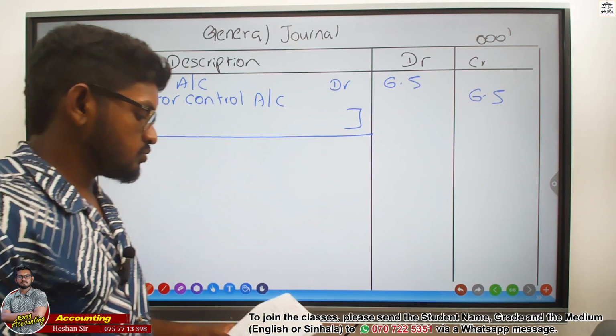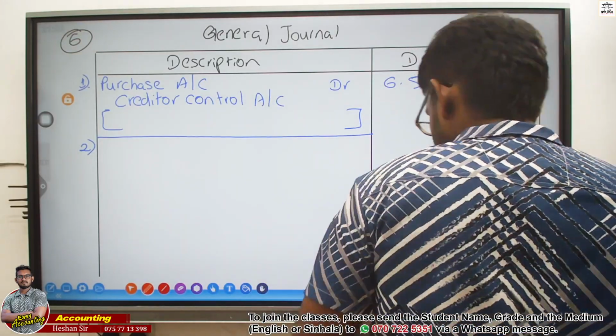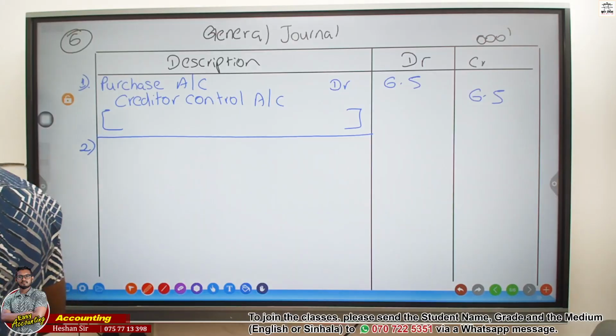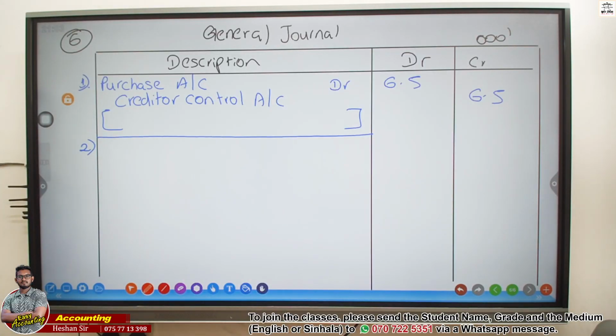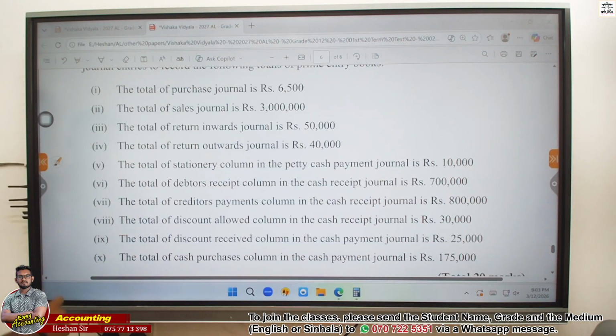Number two. Total of the sales journal 3,000.